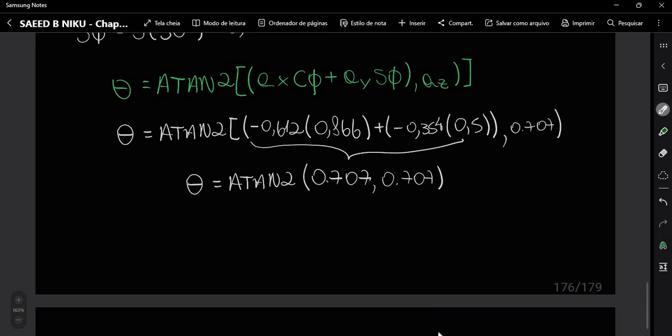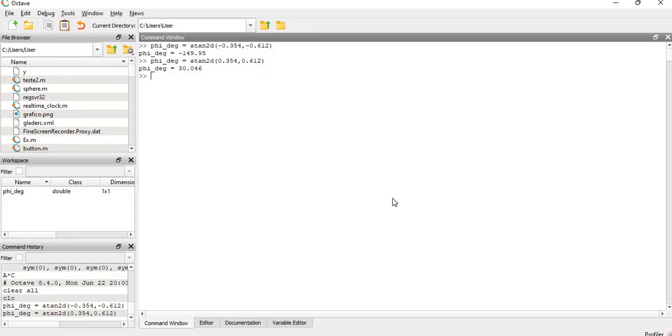And now let's see on Octave the value that we will get.